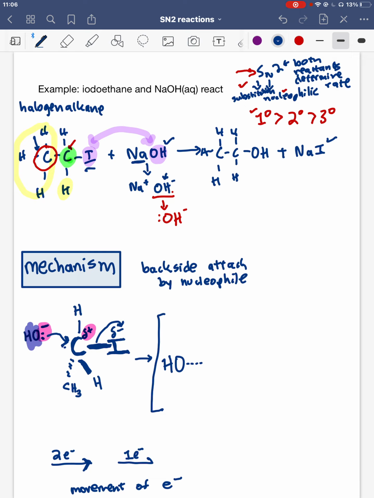When that attack happens, the HO is now connected to the carbon, but it hasn't fully formed a bond yet. So we show this unstable transition state using dashed lines. So we have the HO doing the attack while the iodine is leaving. So in that unstable transition state, the HO is attacking, the iodine hasn't quite left yet. So we show these two species connected to the carbon with dashed bonds.